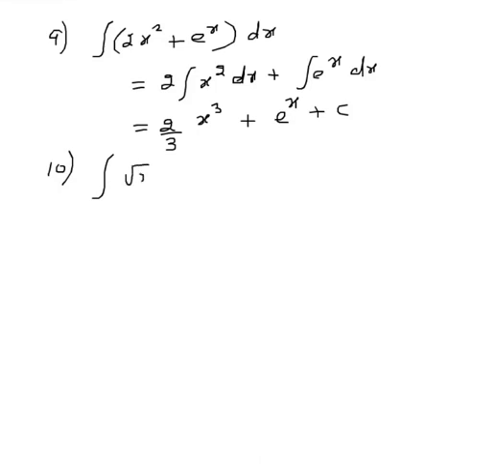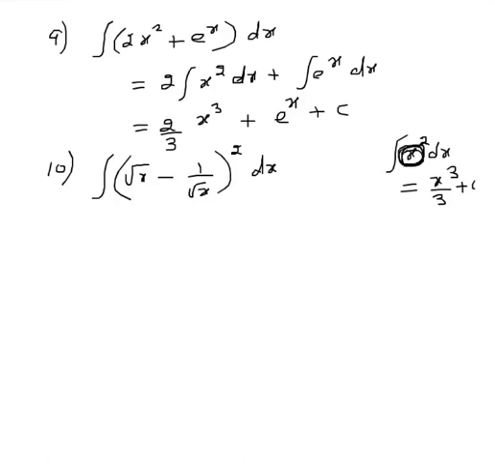Question number 10. Integral root x minus 1 by root x whole raised to 2 dx. If you have integral of x square dx, we can write the integral as x cube by 3 plus c, and in place of x, if you have a linear function ax plus b, it is applicable.